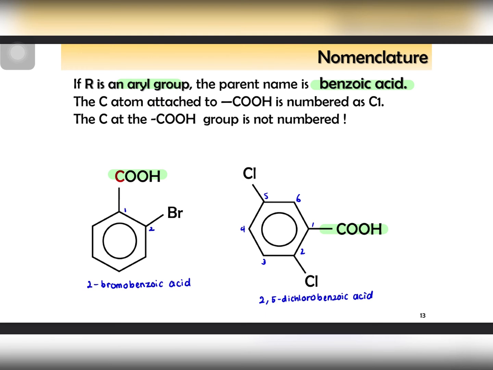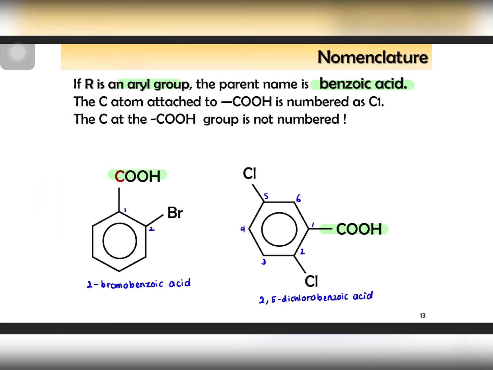Okay, next kita ada example kalau melibatkan aryl group ataupun benzene ring. So, the parent name akan jadi benzoic acid. Bila you have benzene ring, attached to it ada COOH. Okay, so dia akan jadi benzoic acid. Yang lain-lain substituent akan jadi at the next carbon lah, sebab carbon pertama mesti carbon ini. Okay, benzene ring, this carbon ada.